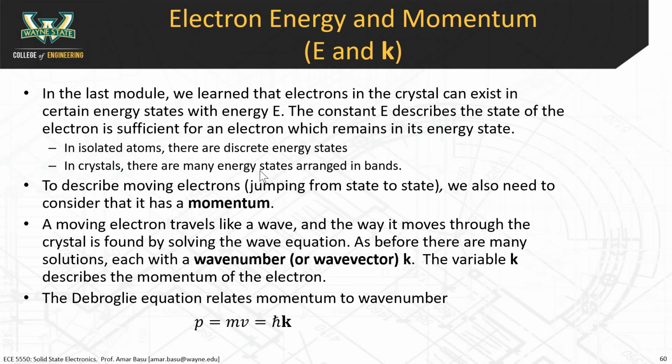Wavelength, frequency? No, not quite. I'm talking about the electrostatic boundary condition, the arrangement of atoms in the crystal, right? The arrangement of the atoms in the crystal leads to a potential condition, meaning there are all these nuclei scattered about in 3D space, right?